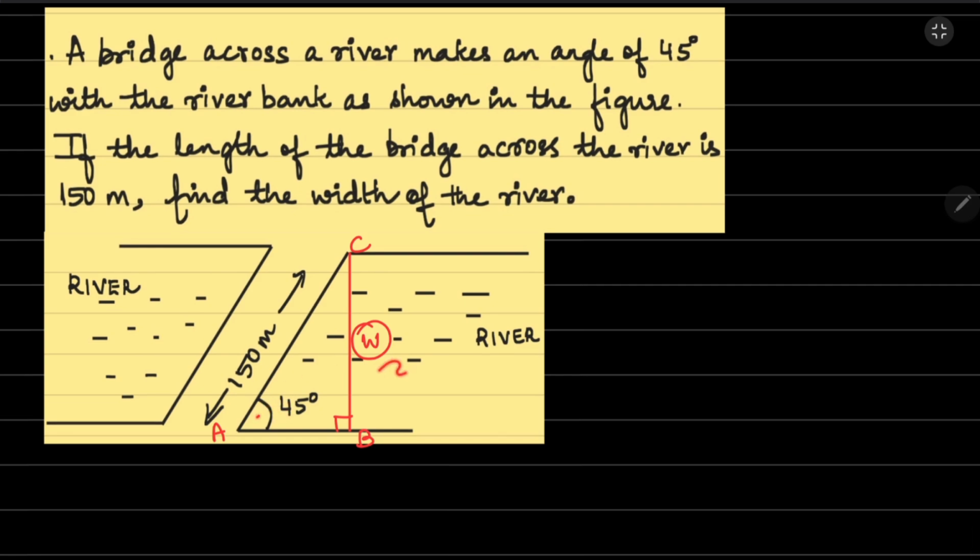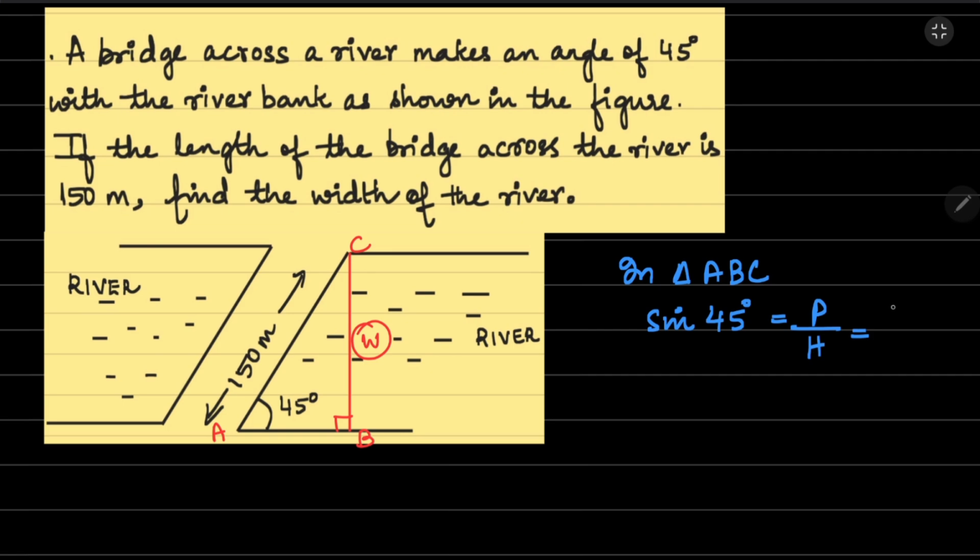You can see this is theta. So this is your perpendicular. This is your hypotenuse. The hypotenuse is given to you. Perpendicular is asked, because it's right in front of your theta. So what is the trigonometric ratio which relates P and H? It is sine. So you can write, in triangle ABC, sine 45 is equal to P by H, perpendicular by hypotenuse.